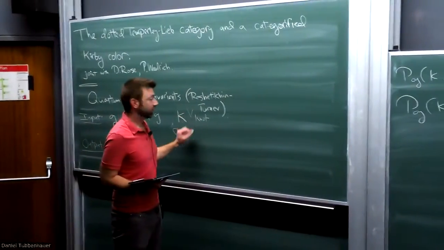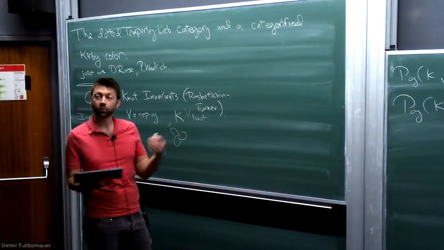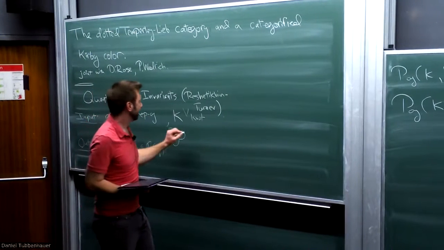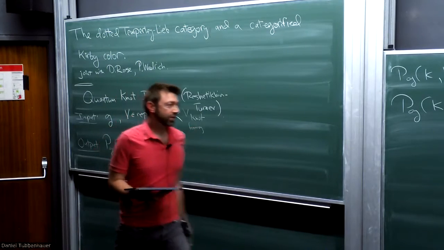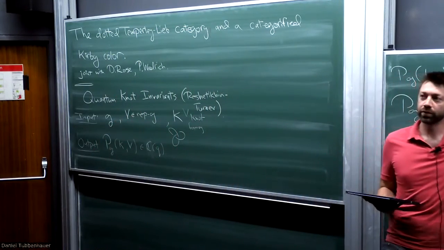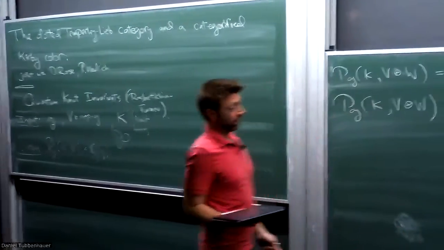K should really be a framed knot, because we need to be able to form parallel copies, and I need to know which parallel copy to take, and that's determined by a framing of the knot. And furthermore, it makes sense not just for knots, but for links of r components.